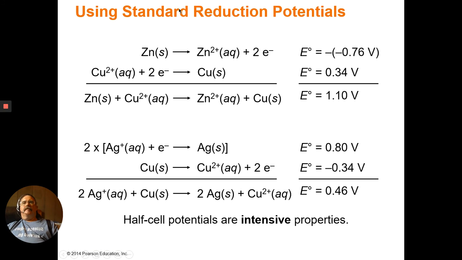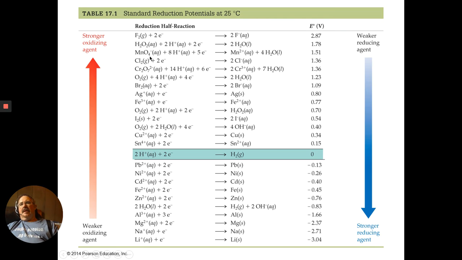Since zinc, which is down here, is listed as a reduction, it's negative 0.76. And copper is up here.